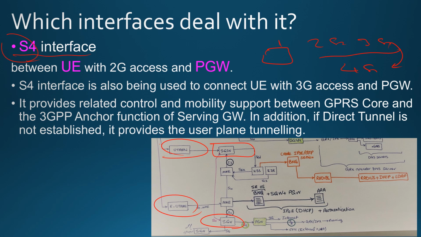So by this SGSN node, you can be compatible from the 2G or 3G network to the 4G network, and this interaction can be done by the S4 interface.